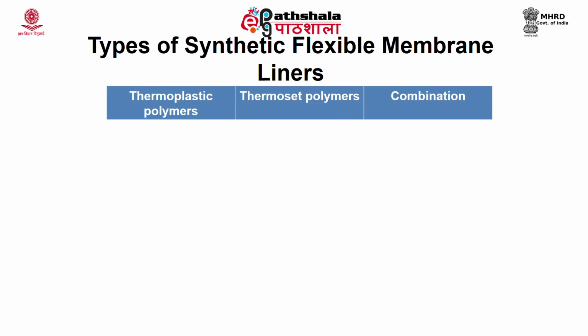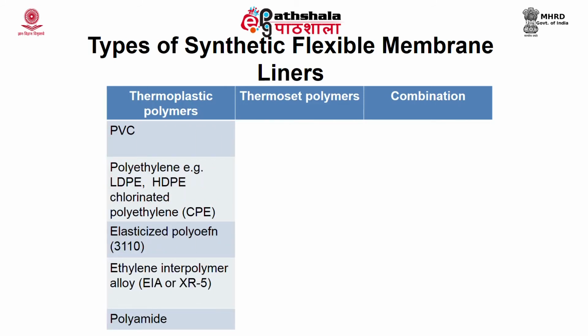landfill liner system. So, if you see, thermoplastic polymers and thermoset polymers are used both individually as well as in combination. Under thermoplastic polymers, PVCs, polyethylene, that is low density polyethylene, high density polyethylene, and chlorinated polyethylenes can all be used.